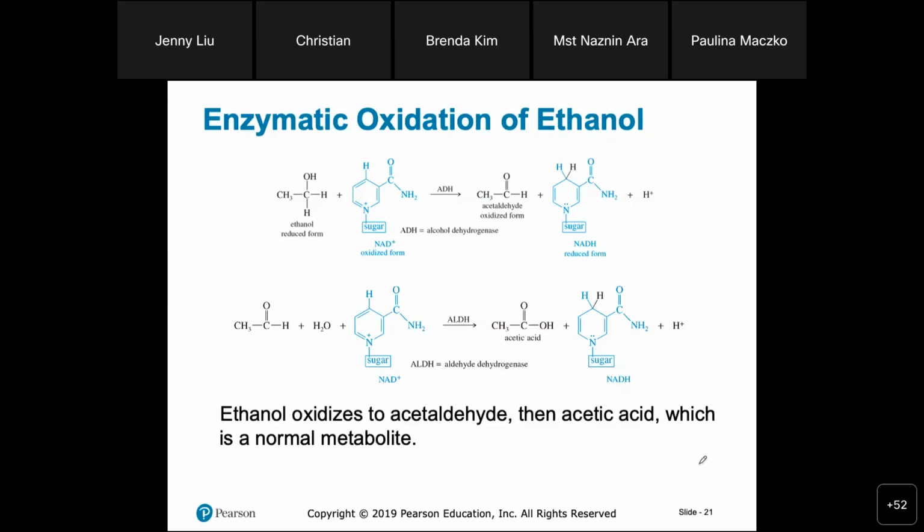Then people need to go to the hospital to clean up. So now let's move on to this oxidation. This is where topic 11.4 starts.